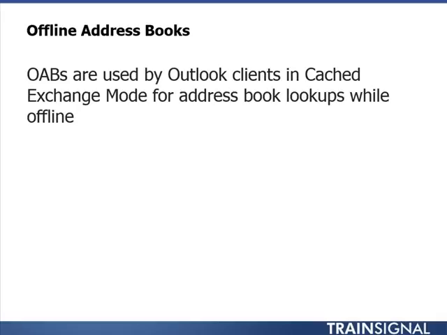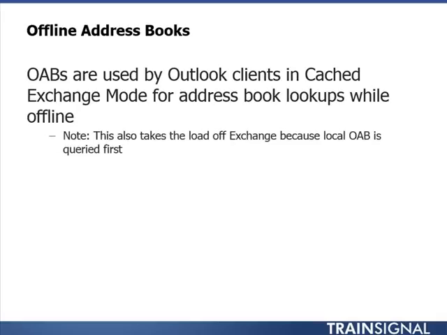Now, one of the things that's valuable about the offline address book is that it takes the load off of Exchange, because Outlook will actually query the offline address book first before going back and checking the Exchange server for any addresses that perhaps it doesn't already have. So those offline address books are not just useful for working offline, but they also take that load off the Exchange server.